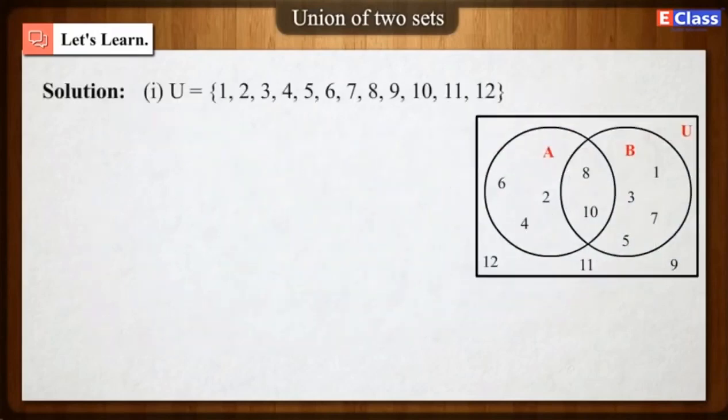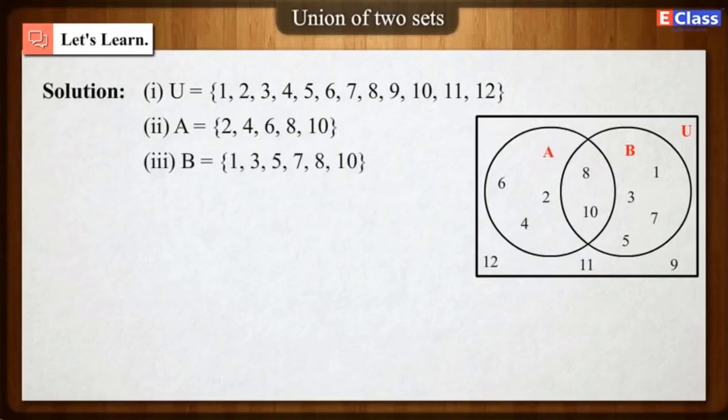Solution. 1. Universal set is equal to {1, 2, 3, 4, 5, 6, 7, 8, 9, 10, 11, 12}. 2. Set A is equal to {2, 4, 6, 8, 10}. 3.